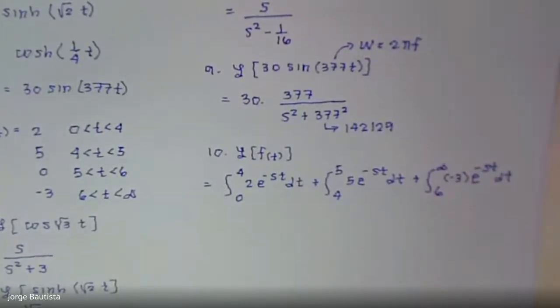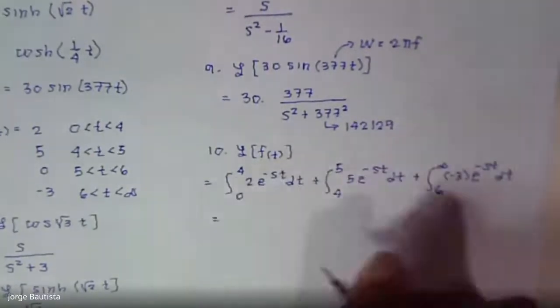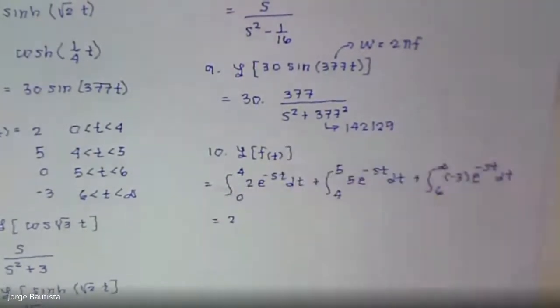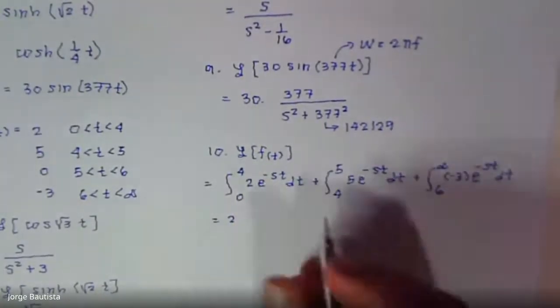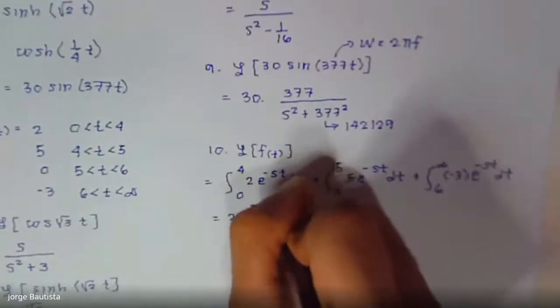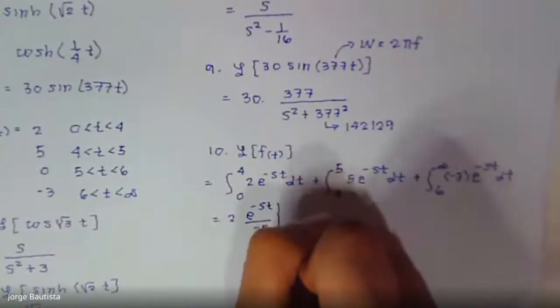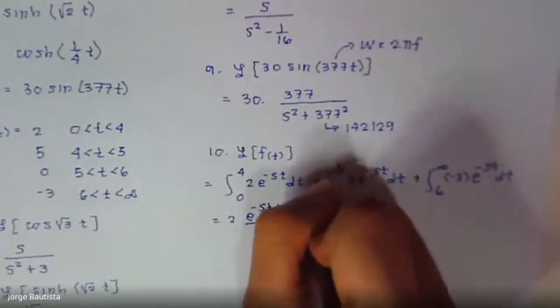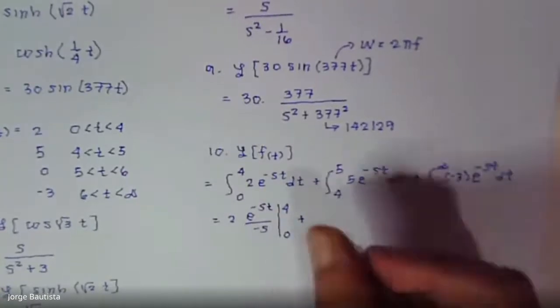Okay? So, nilabas yung 2. Okay? Then, ano ba ang integral nito? So, we have e raised to negative st all over negative s from 0 to 4. Plus, nilabas yung 5.